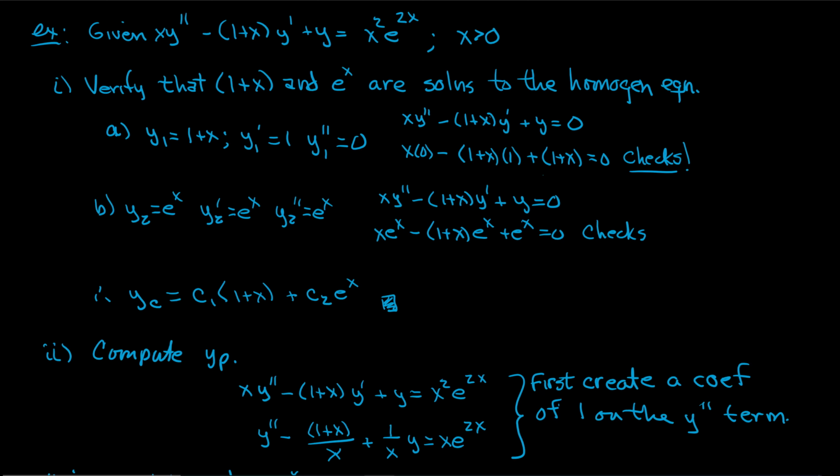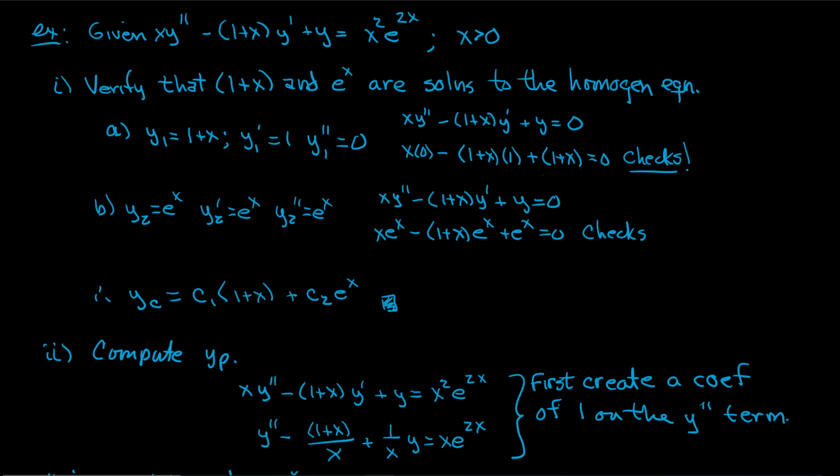If you simplify that, you'll find that once again, it truly is equal to 0, which means that y2 equals e to the x is a solution. This gives us our complementary solution, C1 times (1 plus x) plus C2 times e to the x. This gives us kind of a head start on computing the particular solution. We already know our y1 and our y2. All we had to do is check and make sure that it really works.